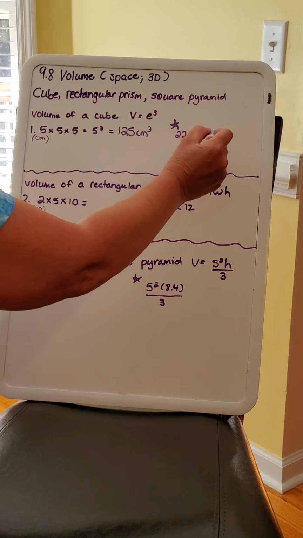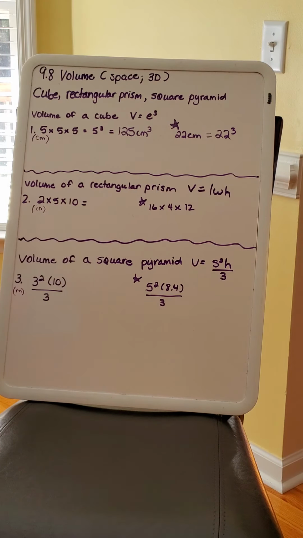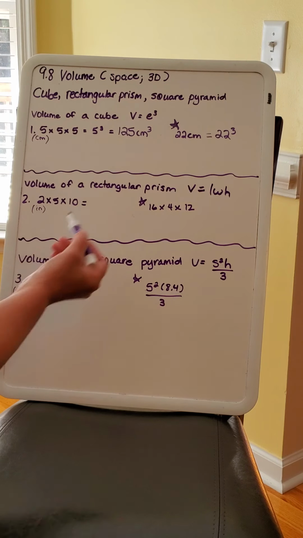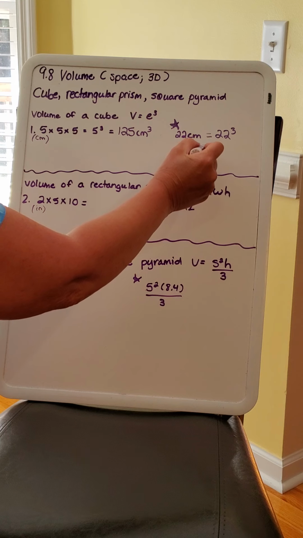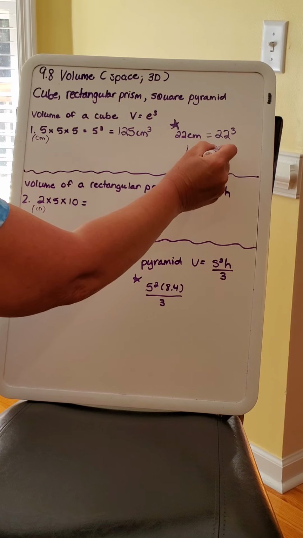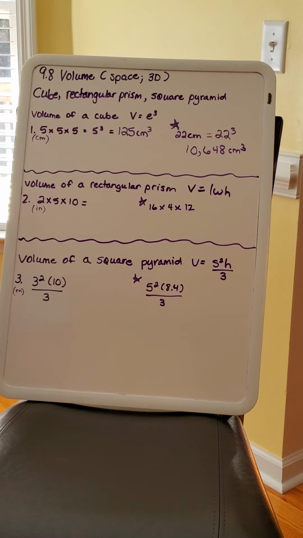So that's going to be 22 cubed, or 22 times 22 times 22, and that's going to be 10,648 centimeters cubed. This is probably going to be the easiest one because you just have to take the measure of whatever they give you and cube it. You can utilize that cube button or the y to the x button on your calculator.